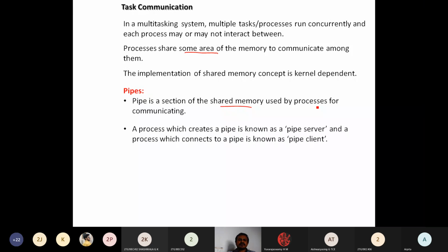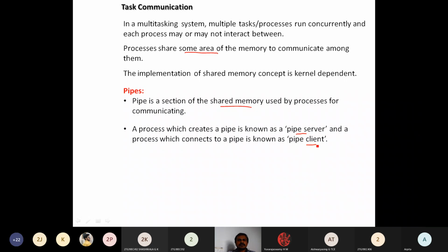The process which creates a pipe is known as the pipe server, and the process with which it wants to communicate is known as the pipe client.